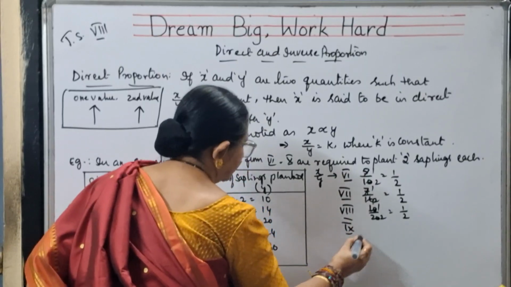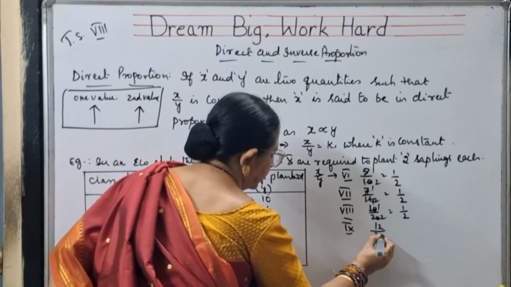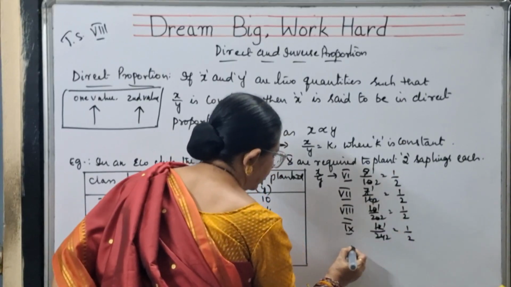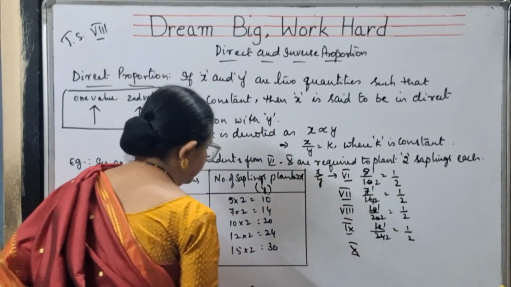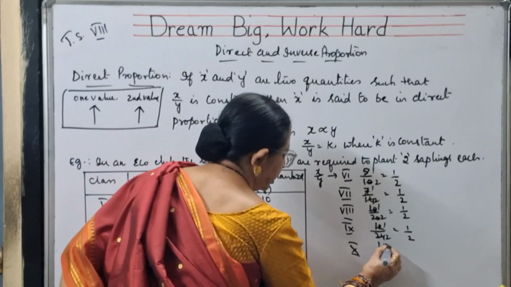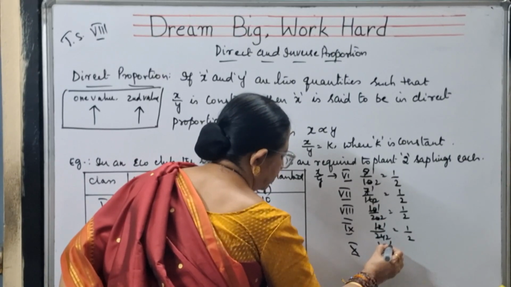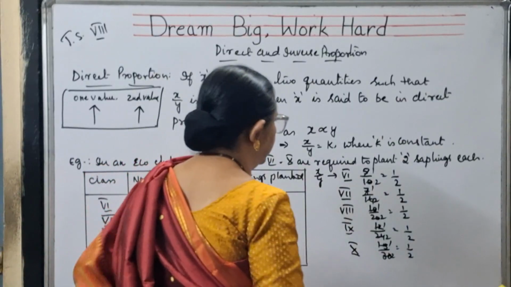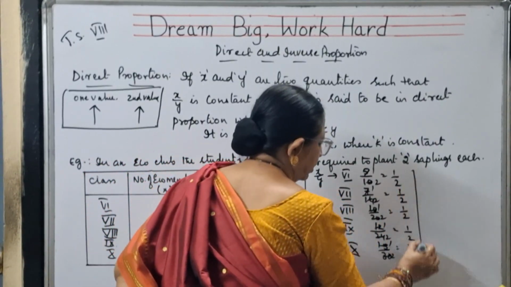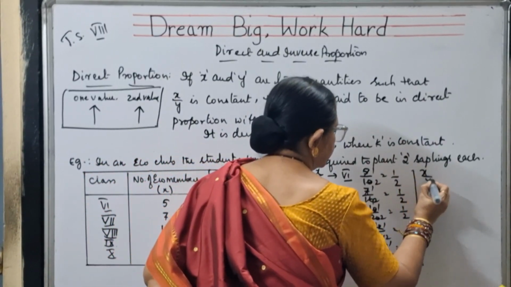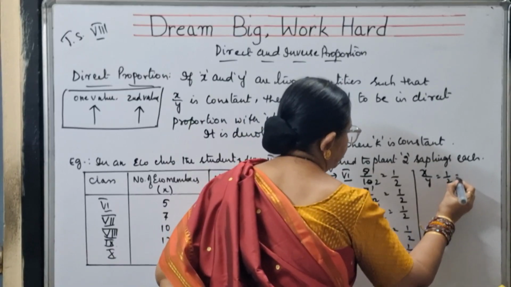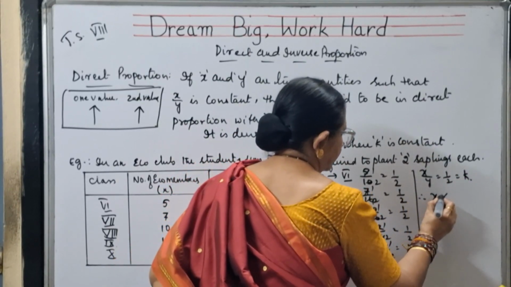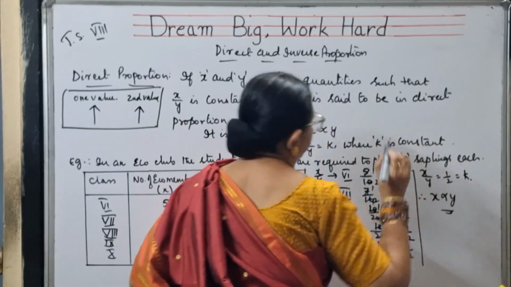And 9th class, 12 by 24, this is also 1 by 2. 10th class, 15 by 30, this is also 1 by 2. So, what are we getting here? x by y is equal to 1 by 2. That means it is constant. Therefore, we will say x is directly proportional to y.